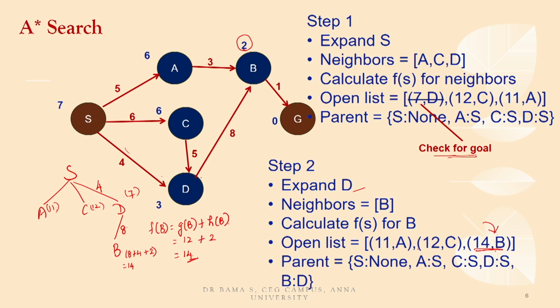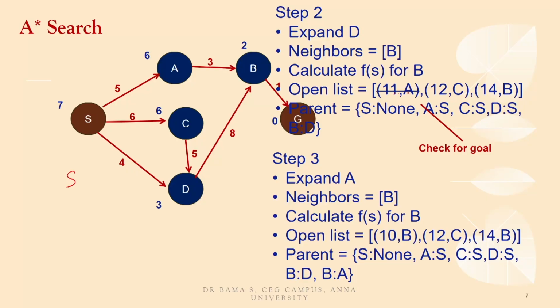Now, the updated open list, you see here 11 is the least cost. See here we have the branch cost as 14, C has 12 and A has 11. In the priority queue, now A has the least cost. So, at the next stage this has to be popped out, not this. So, this will be popped out.